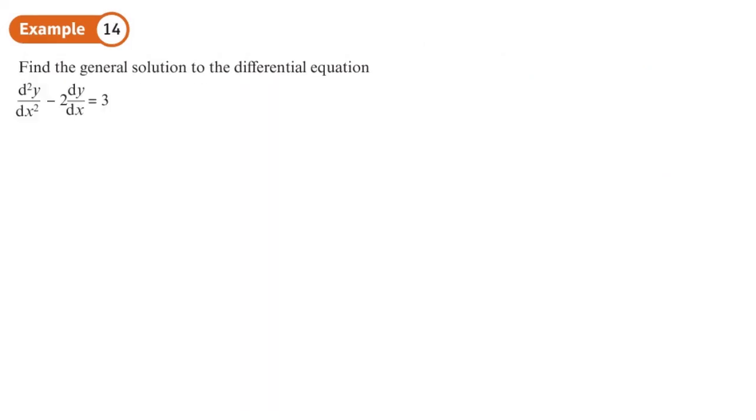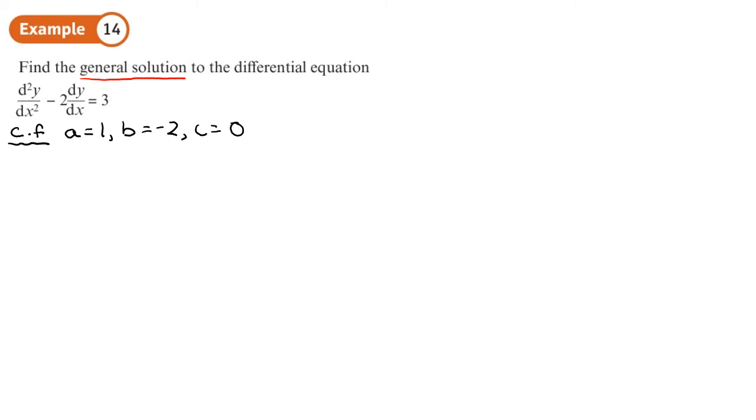Okay, so we want to find the general solution to this. So first step is going to be finding the complementary function, which means the auxiliary equation with a equal to 1, b equal to -2, and in this case c equals 0.